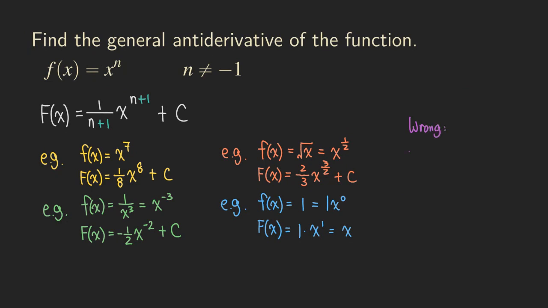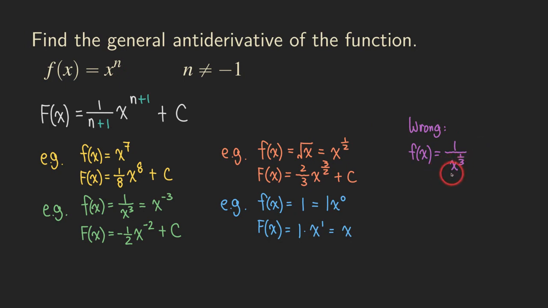Let's say we have a function 1 over x to the 1 over 3. To do it correctly, we need to bring it up to the top so that it will be x to some power. In that case, it would actually be x to the negative 1 over 3.